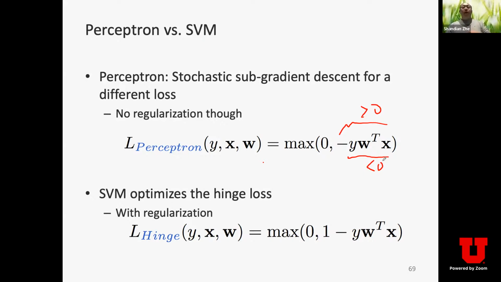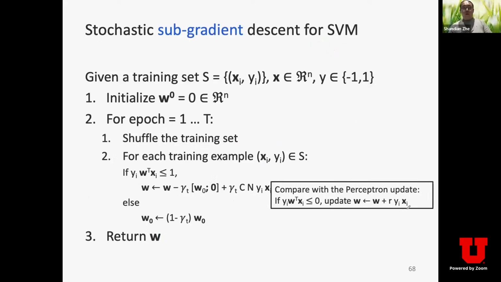Then when I compute the subgradient, I just compute the gradient of this right input, which is simply minus yx. Now you apply the stochastic subgradient, and you exactly recover the updating rule of the perceptron.